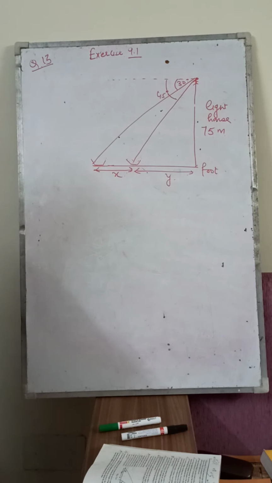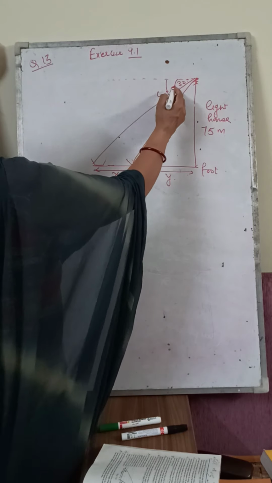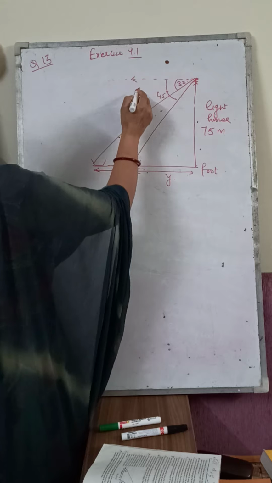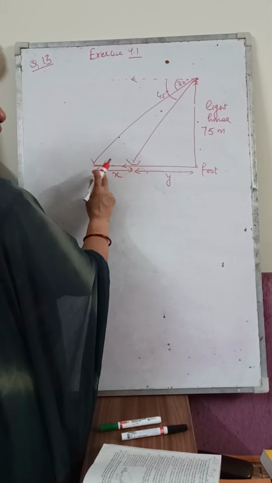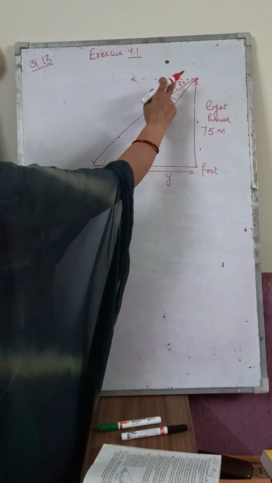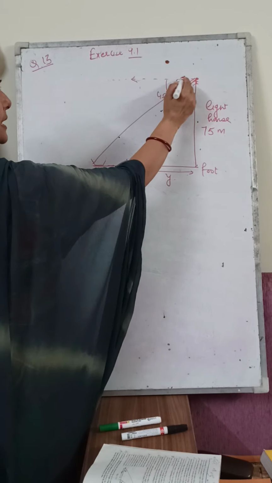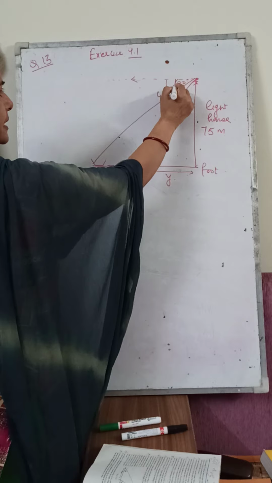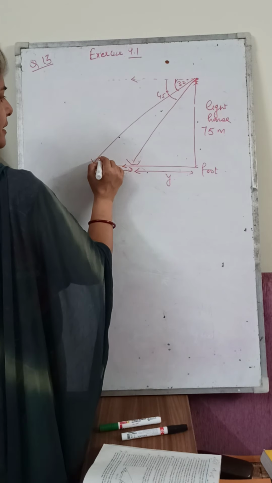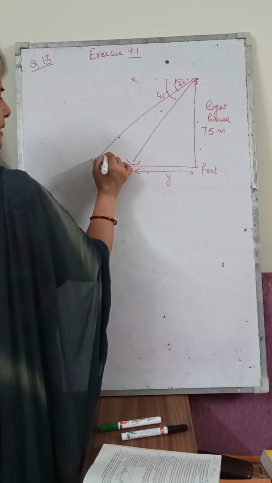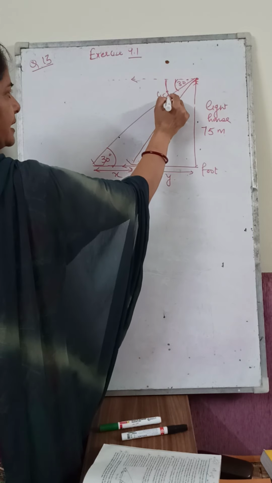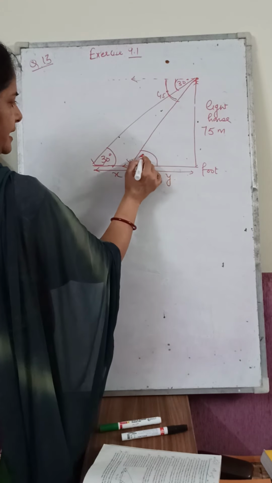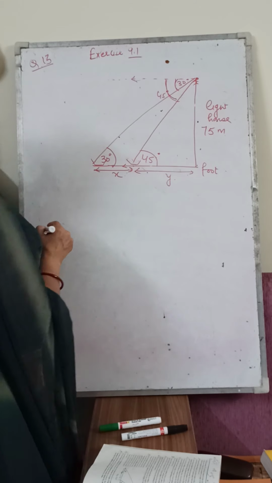Now you know these are the angle of depression when this horizontal line and this line, ground level, both are parallel to each other. So this angle will be alternate interior angle. If this angle is 30 degree, this angle will also be 30 degree, and this angle is 45 degree, alternate interior angle, this angle will also be 45 degree.